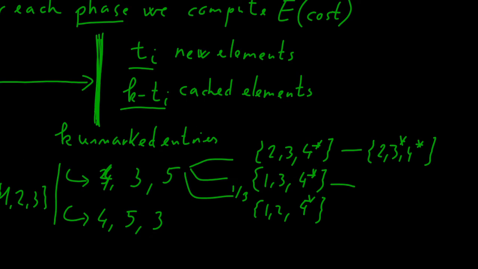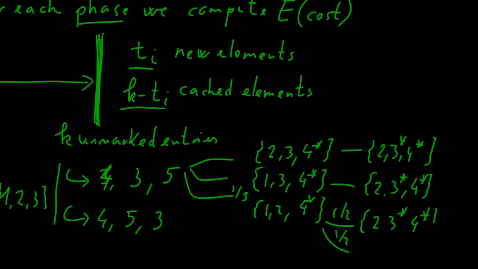Here comes the 3, that's also fine. I will have the 2, the 3 marked, and the 4 marked. But there I will have 2 possibilities, of course, and I will either get rid of the 1, so it's 1/2 and 1/2, and I will have 2, 3 star, and 4 star, and here I have the 1, the 3 star, and the 4 star if I get rid of the 2.